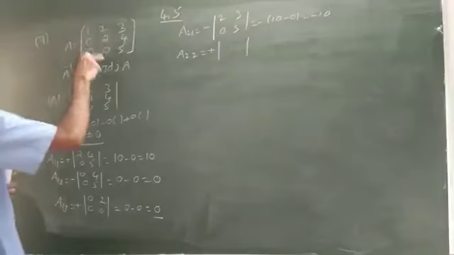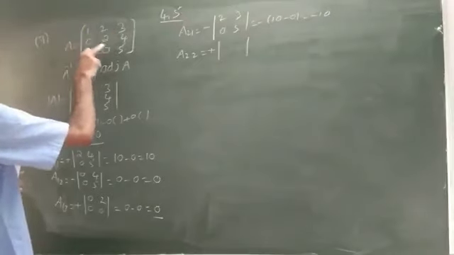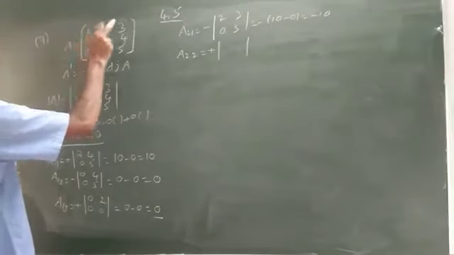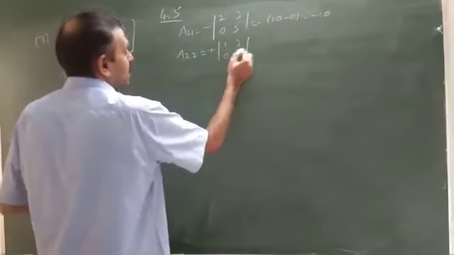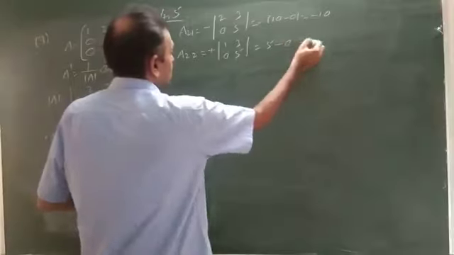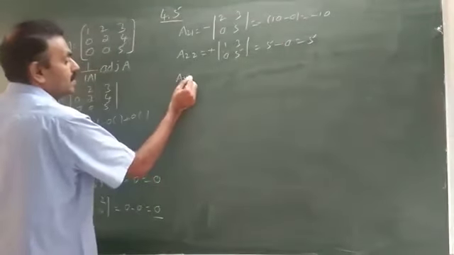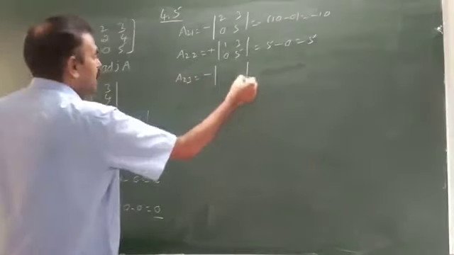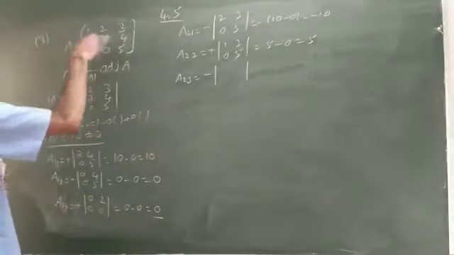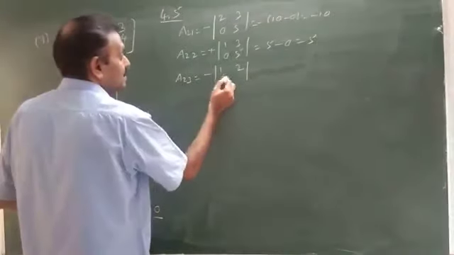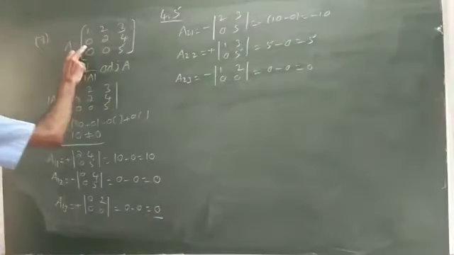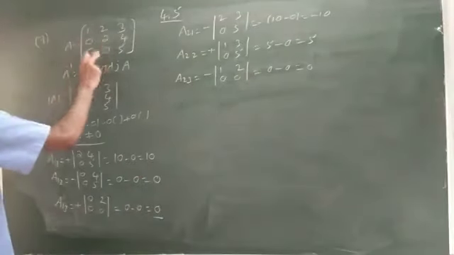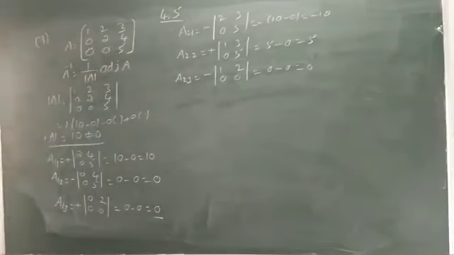Leave the row and column: [1, 3; 0, 5]. It is 5 minus 0, which is equal to 5. A23, the sign is negative. For 4: [1, 2; 0, 0]. 0 minus 0, 0.